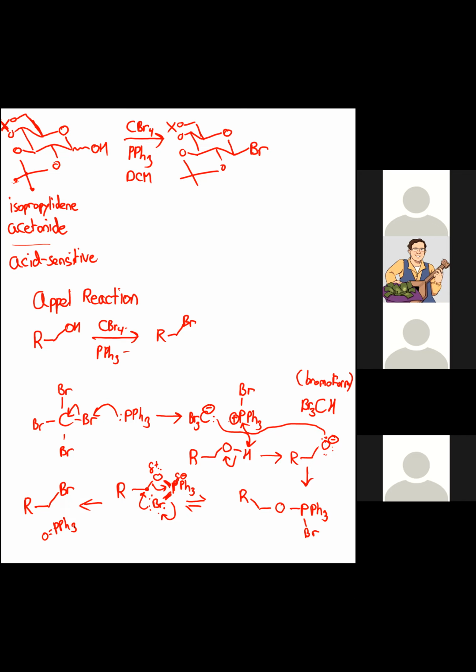Cool. So there's a very similar reaction called a Garegg iodination. I think there's 2 G's. And this uses triphenylphosphine and iodine. Mechanistically, it's almost the same. It's just, bromine is really nasty.